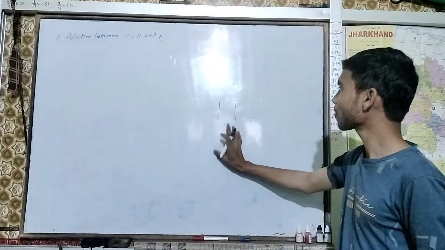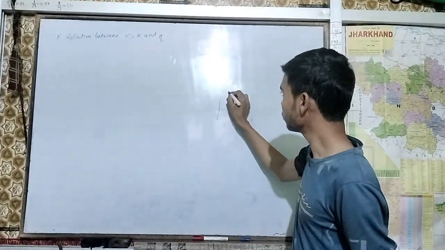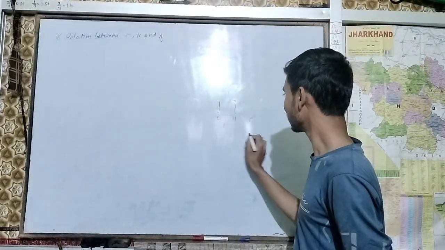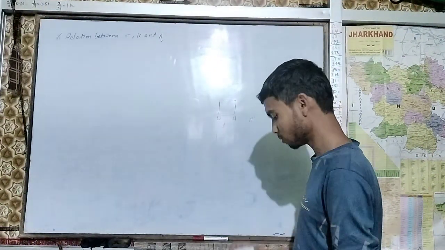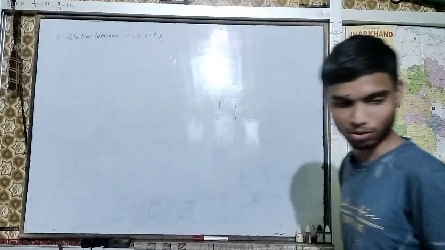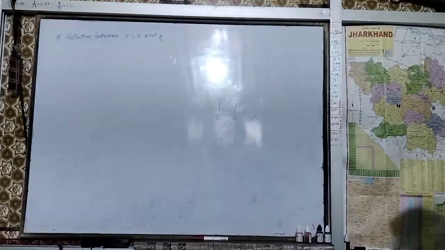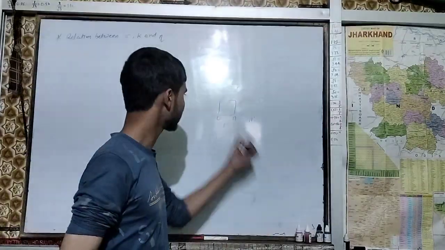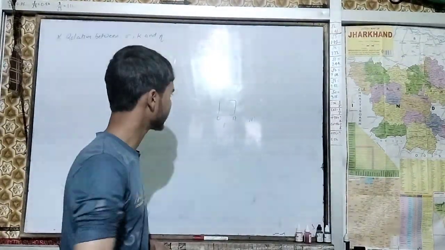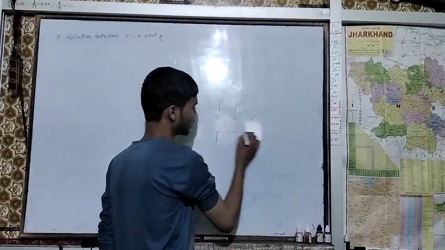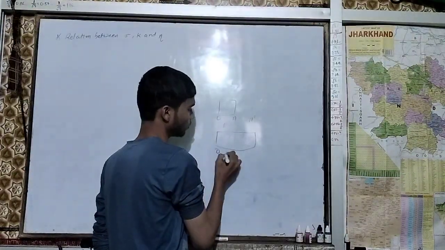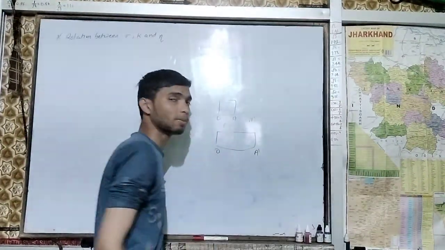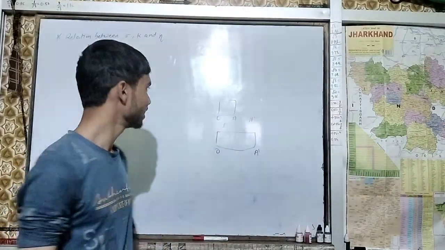So initially this is 1 cube, and from here till here, try to understand, in this figure you have 2 cubes. First, this is OA, and second, we have this from A to A dash. Am I right? You are getting 2 cubes.